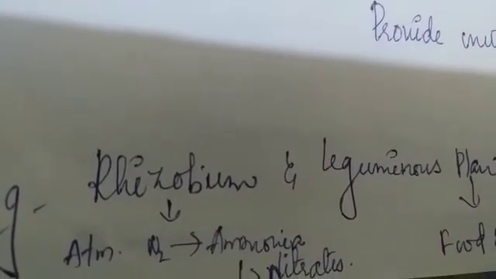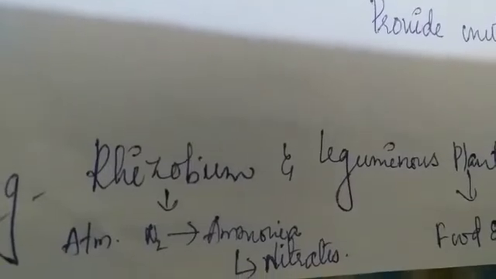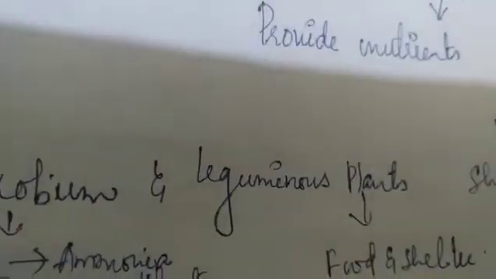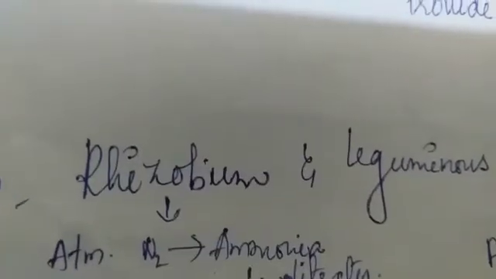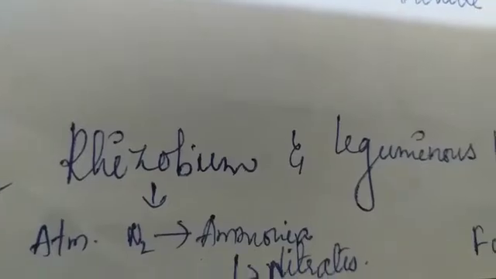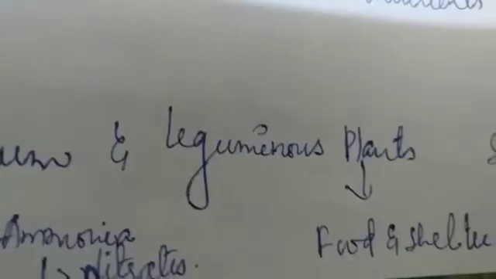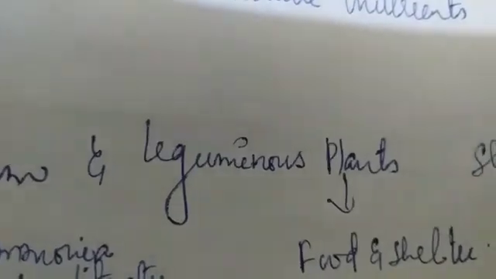The leguminous plant will use these nitrates as a source of nitrogen, and it provides food and shelter to the bacteria.